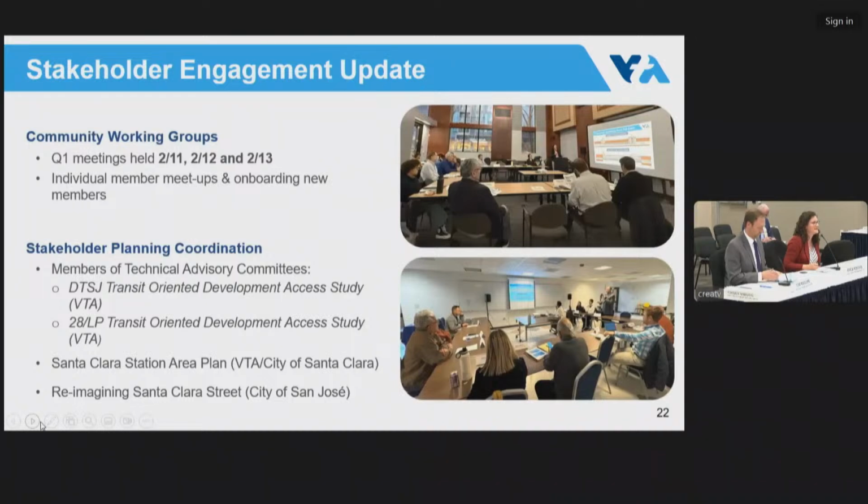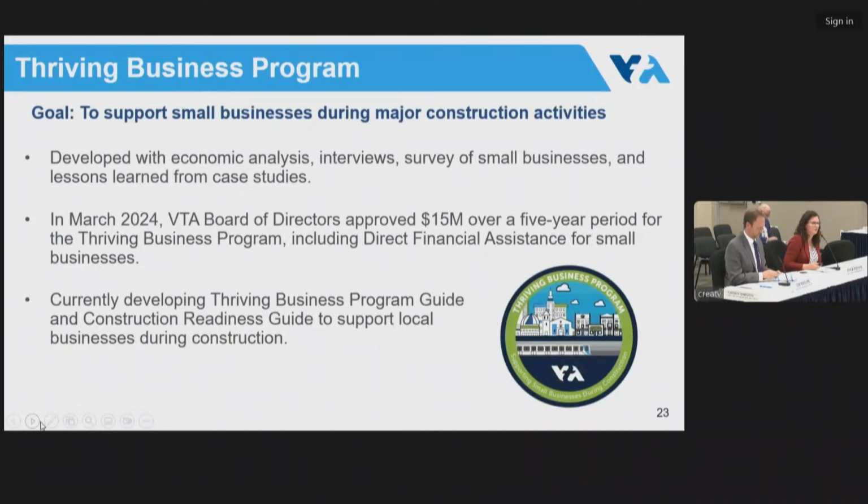Mentioned the update last night here, so I'm going to skip over that and wanted to touch on our Thriving Business Program that was developed to support small businesses during construction. We've engaged with the board on it to refine the program, and just wanted to note that the board last year approved $15 million to support this program over a 5-year period, including direct financial assistance for small businesses.